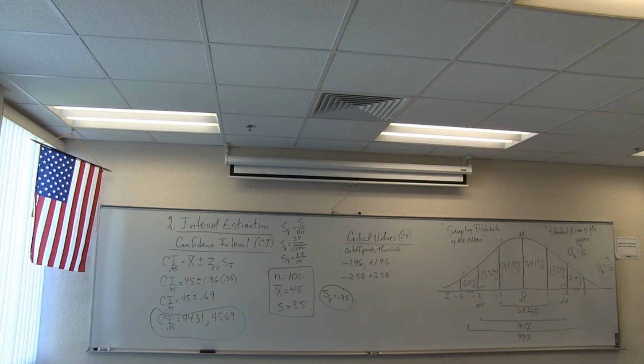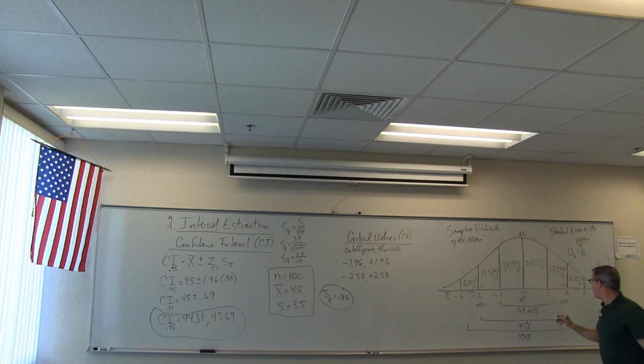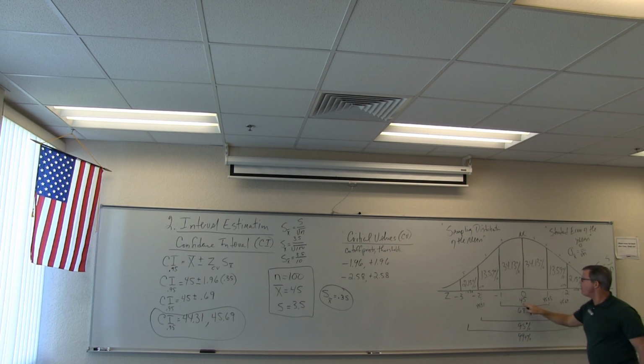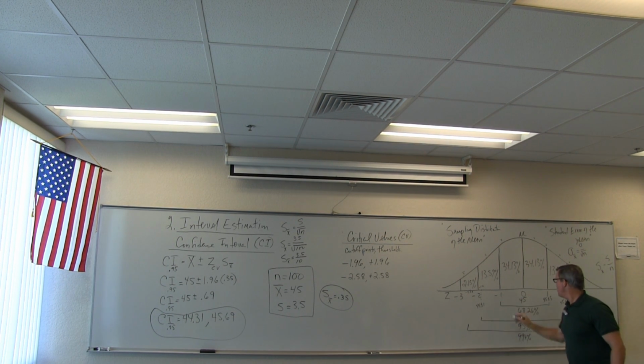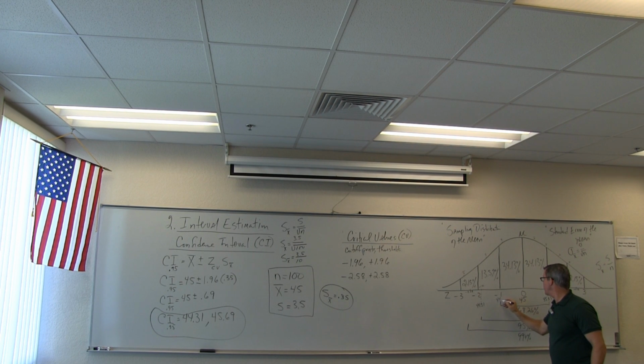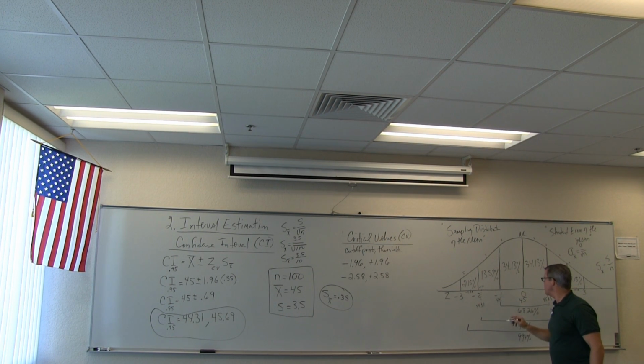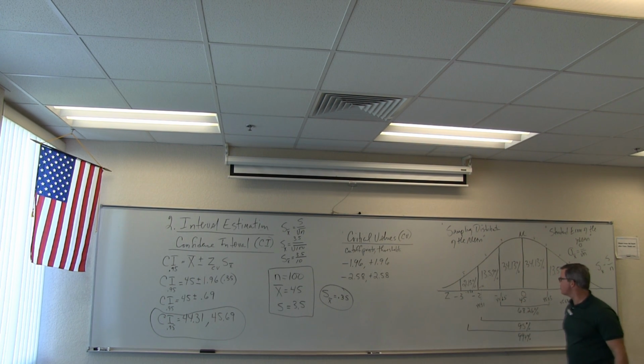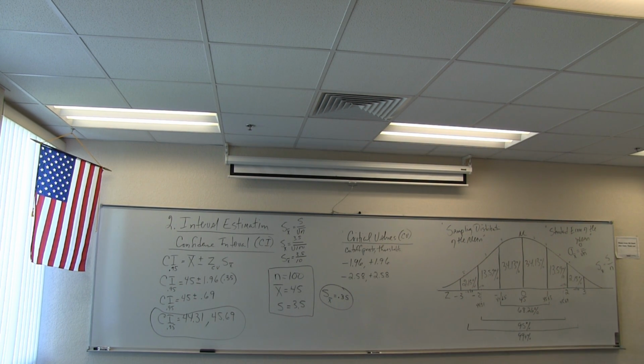See that? So this would be 45 plus 0.35, 45.35, 45 minus 0.35, 44.65, and so on. The range of potential means. I would like you to take a look at chapter 8.